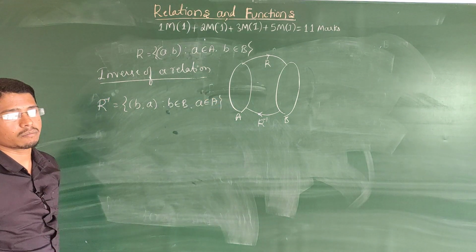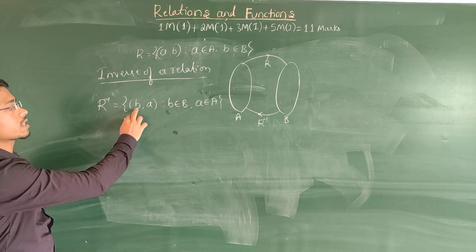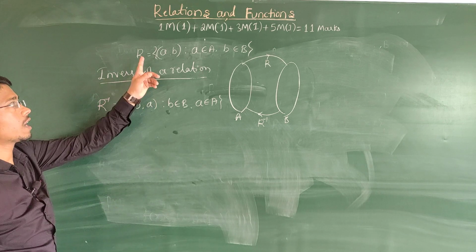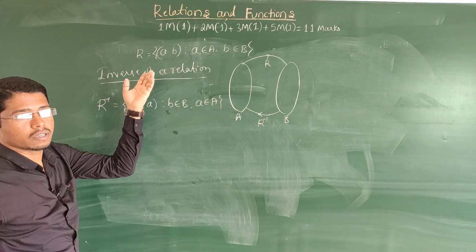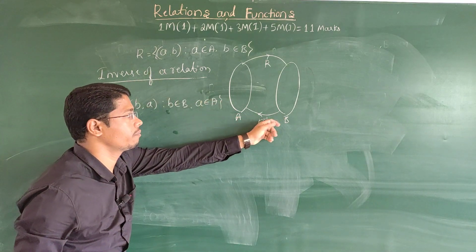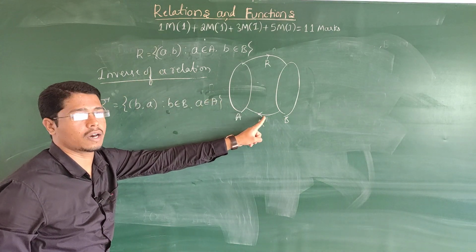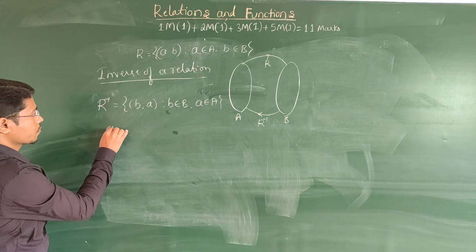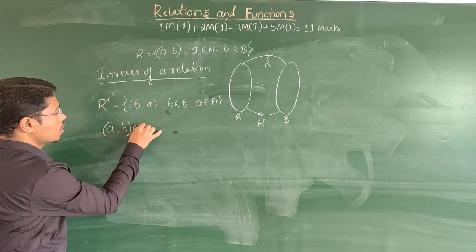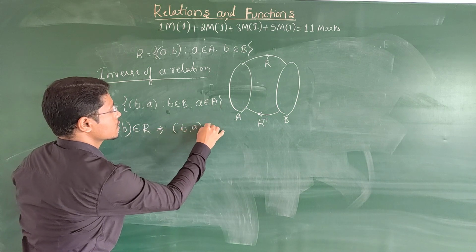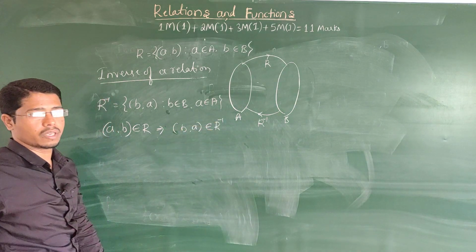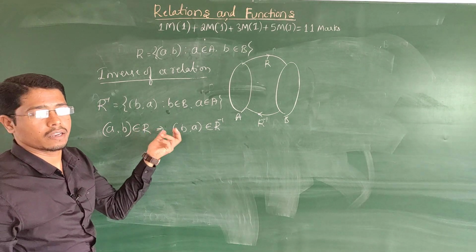So the ordered pair gets reversed: (b, a). That is, if (a, b) belongs to R, then (b, a) belongs to its inverse. If (a, b) is in R, then (b, a) is in R inverse.